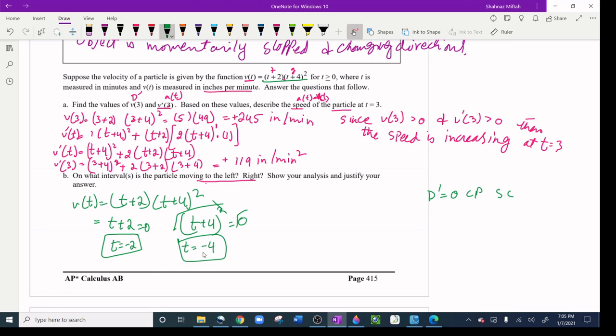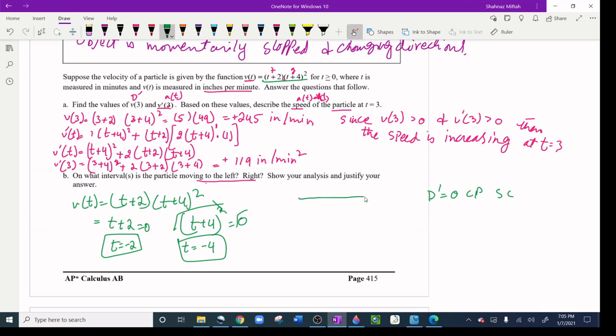That's the next one. So let's figure out which ones are my critical points. t plus 2 is negative 2, and that's this one. So we are making a sign chart with negative 2 and negative 4.